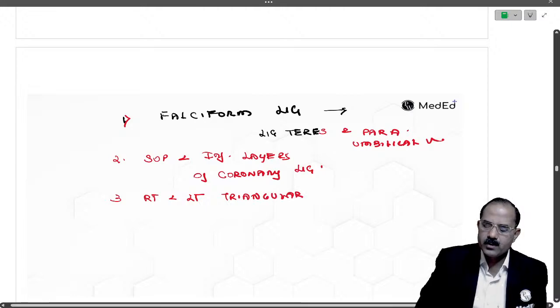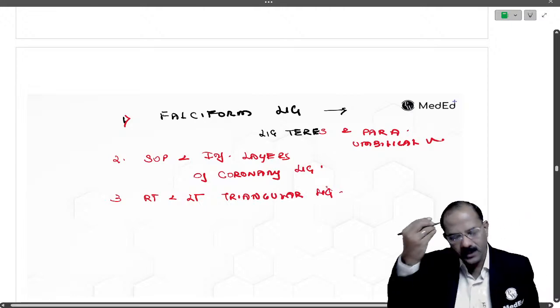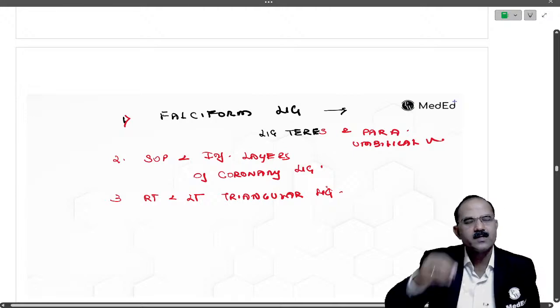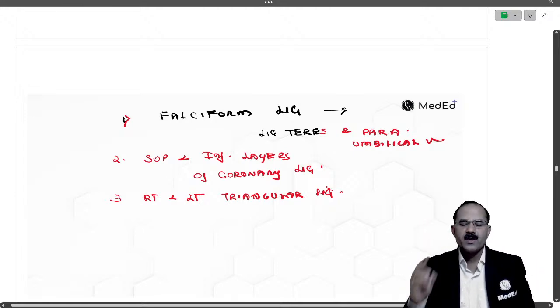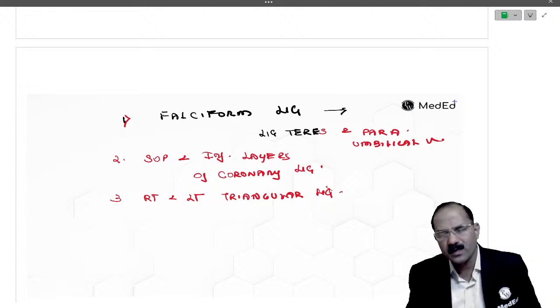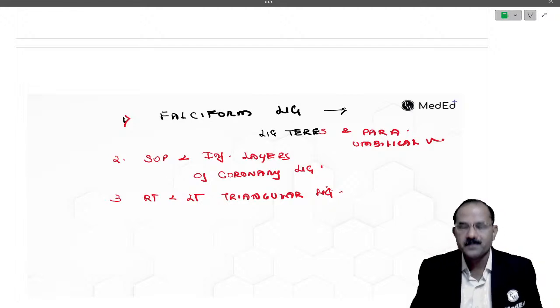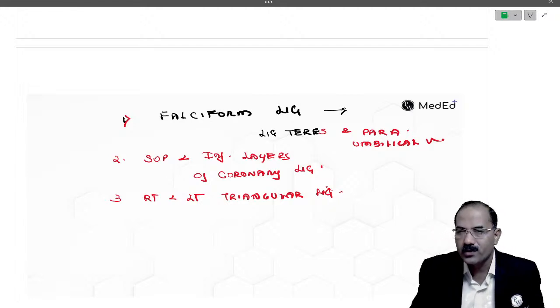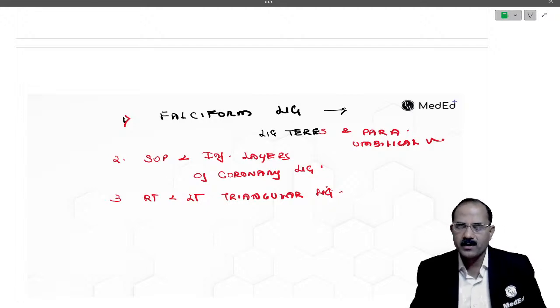Triangular ligament. If liver is asked in the viva, this might decide whether the examiners pass you. So what are the ligaments of liver? Number one is the falciform ligament, with the ligamentum teres and paraumbilical veins. Then the superior and inferior layers of the coronary ligament, and the right and left triangular ligaments.